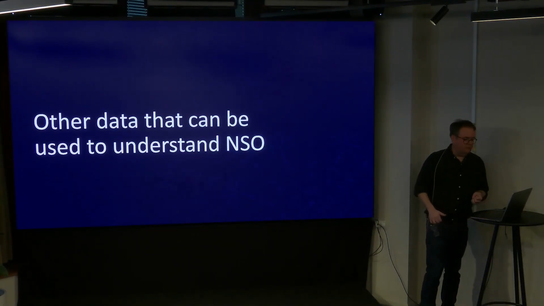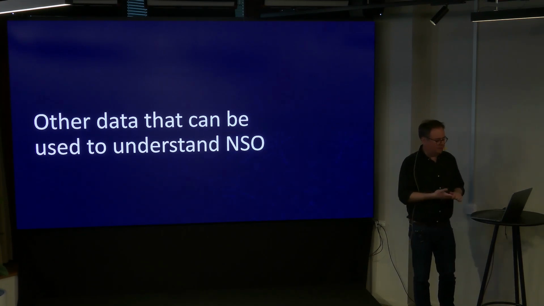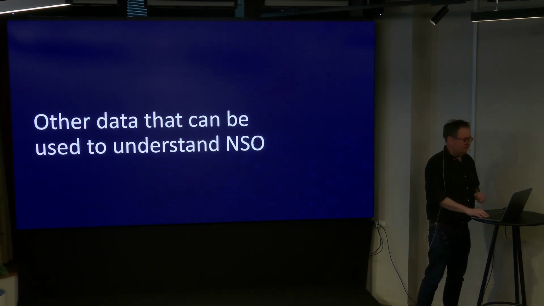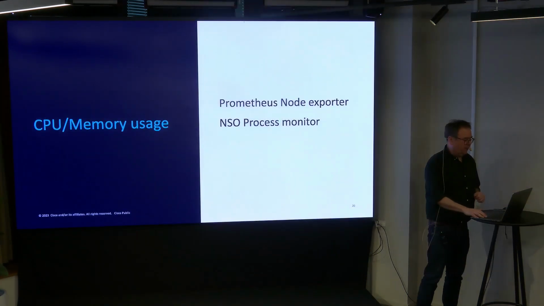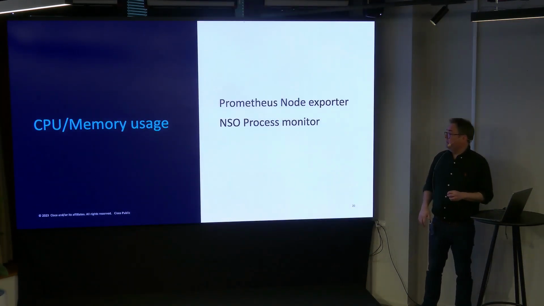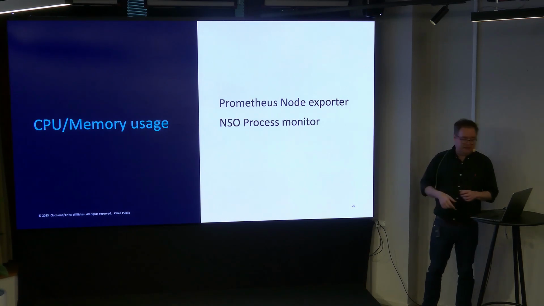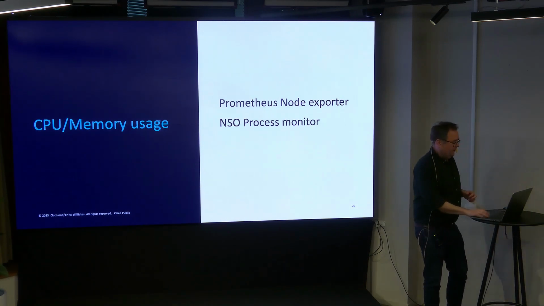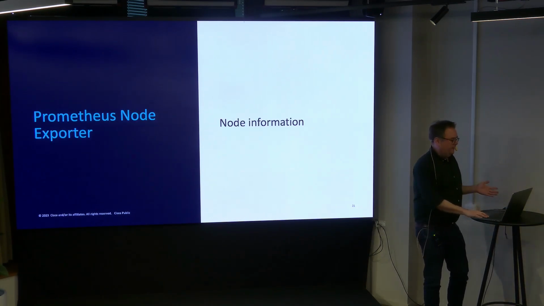Okay, so that's those 2 things. What more is interesting to understand what's happening? Well, CPU and memory usage is one thing. We are using Prometheus Node Exporter and NSO Process Monitor. With Prometheus Node Exporter, you get node information.